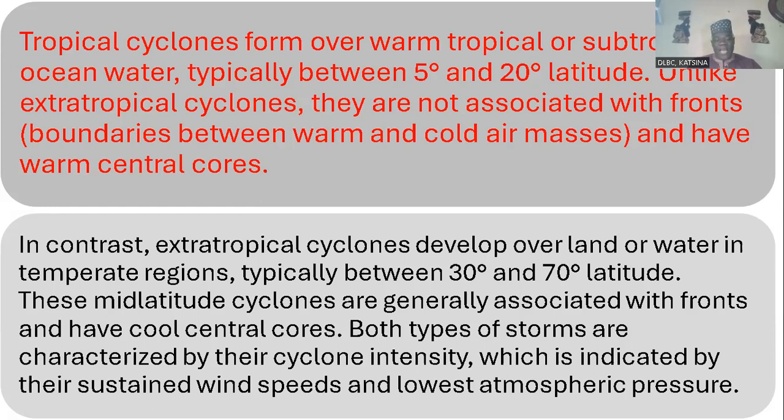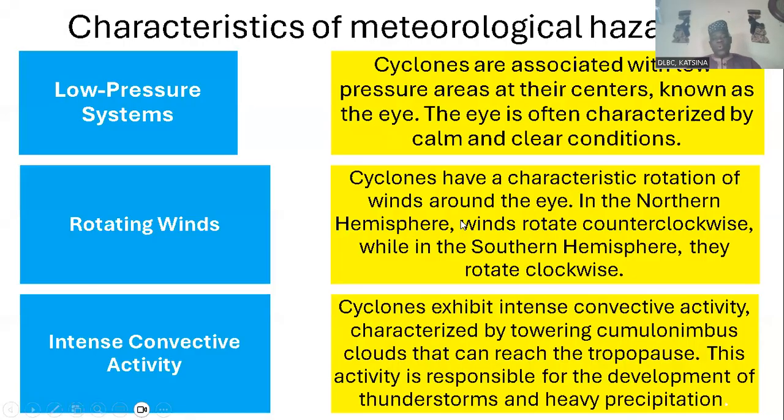Both types of storms are characterized by their cyclone intensity, which is indicated by their sustained wind speeds and lowest atmospheric pressure. Now, what are the characteristics of cyclones?